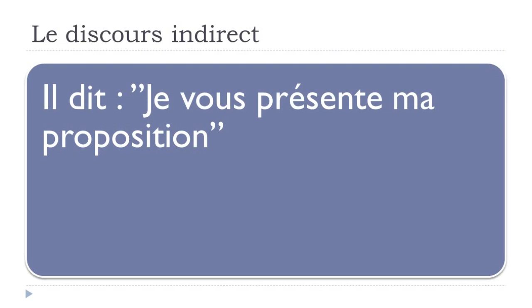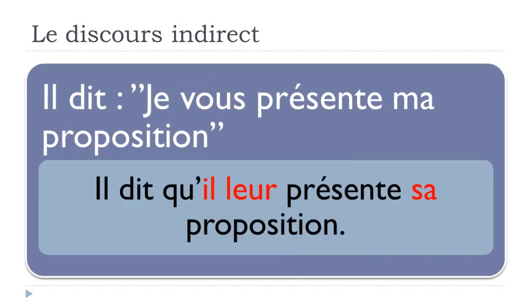Il dit je vous présente ma proposition. So it's almost the same sentence as we had previously, but then I wanted to introduce this vous. Okay, so another pronoun. Je vous présente ma proposition. Okay, so as we saw previously, je will change, so ma will change as well, and then probably this pronoun will change as well. So let's have a look. Il dit qu'il, okay, we saw that.